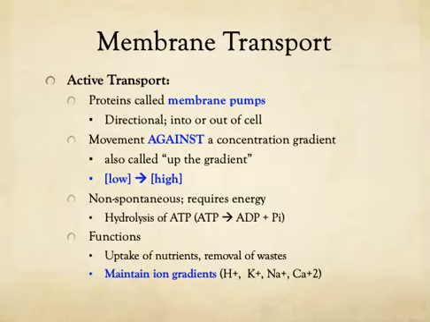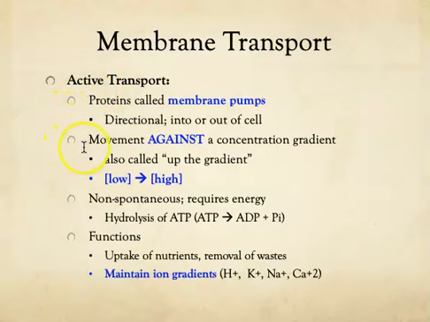Now, active transport is very different from simple diffusion and facilitated diffusion because active transport requires a source of energy. Membrane pumps are going to move solutes in one direction, either into or out of a cell, but they're moving it in the opposite direction than we see in simple and facilitated diffusion.